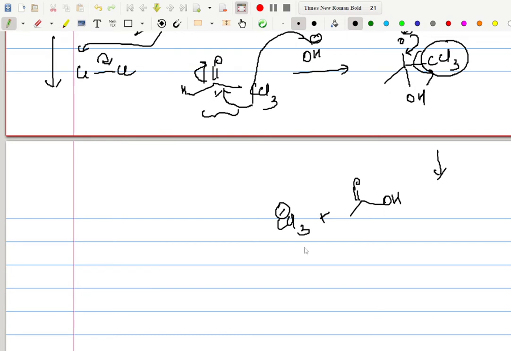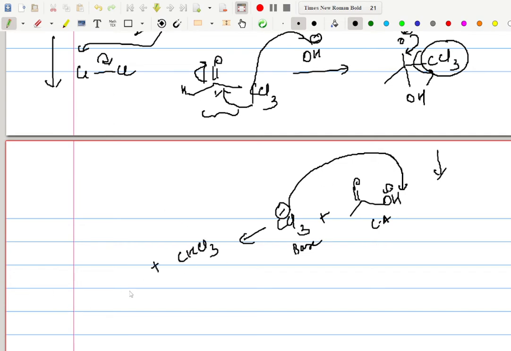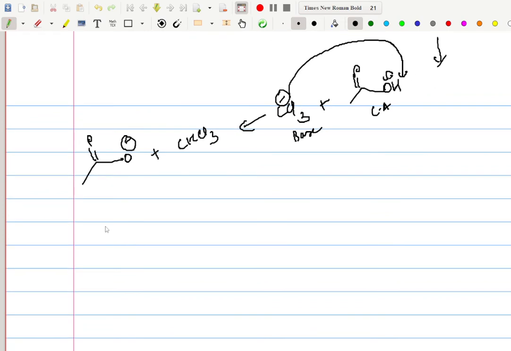Now this is acting as a base, and of course this is a carboxylic acid. So this is going to be an acid-base reaction, and this is going to attack this proton here, and you will be getting CHCl3 and your carboxylate ion. Now is when you see why your acidic workup is important.